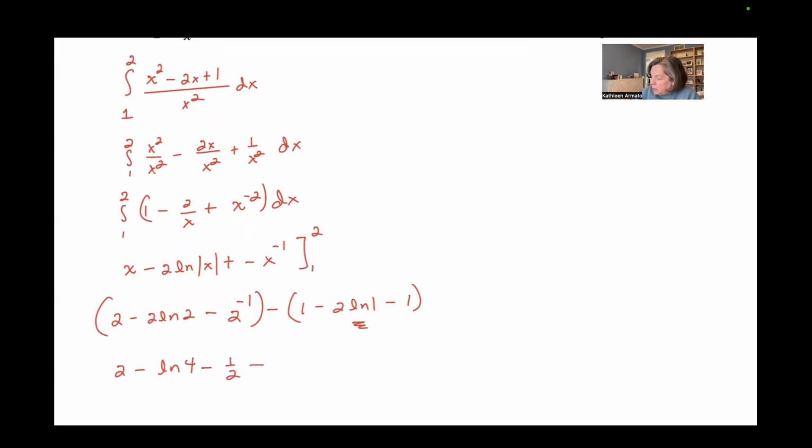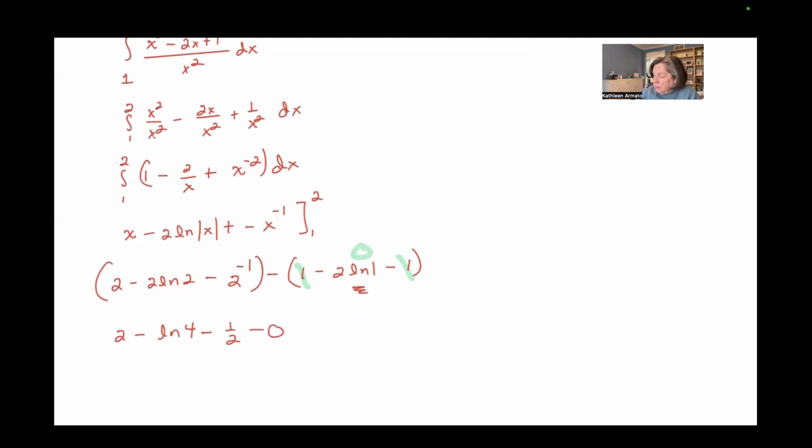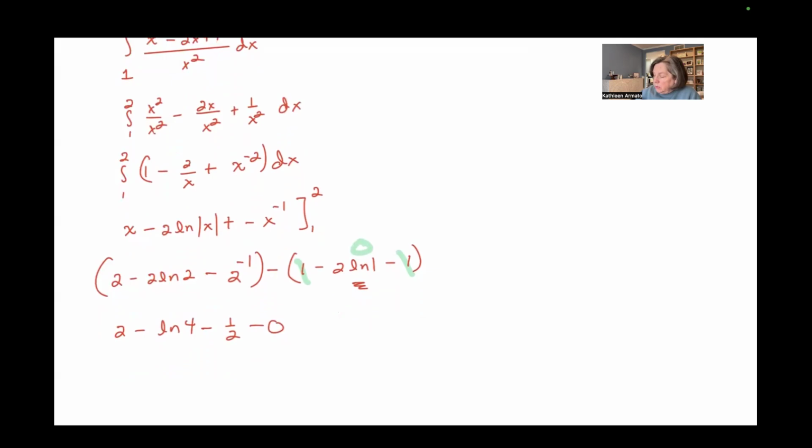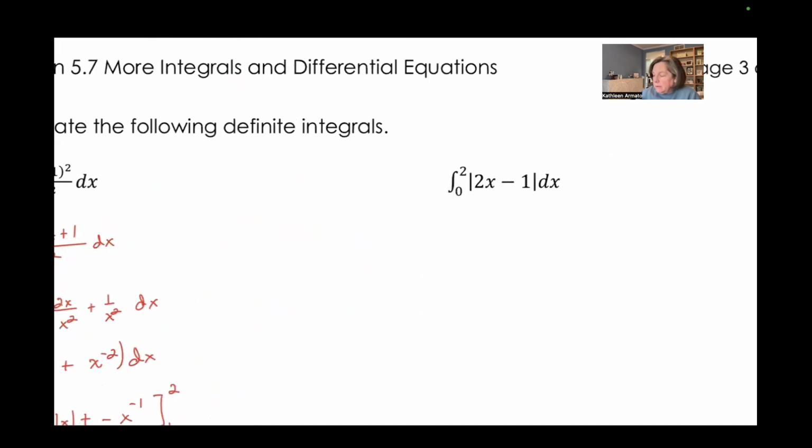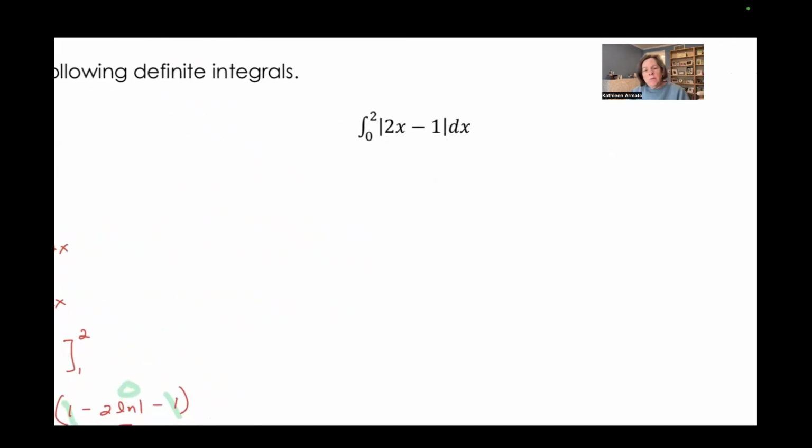Minus, okay, so the 1 minus 1, those go away. Natural log of 1 is 0, so that whole term is 0. 2 minus 1/2 would be the 3/2 minus natural log of 4. So that would be my final answer on that one. That's some fun math.